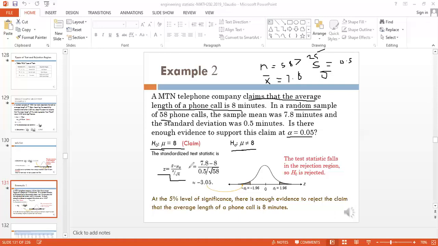And that is giving us X bar minus mu naught, the test value, over S divided by the square root of n.